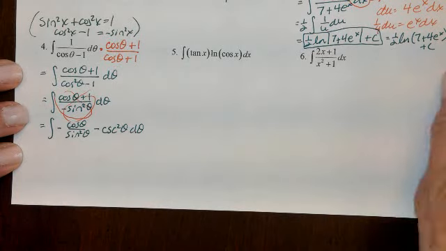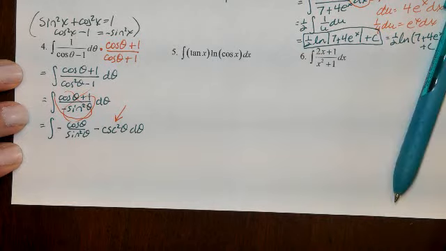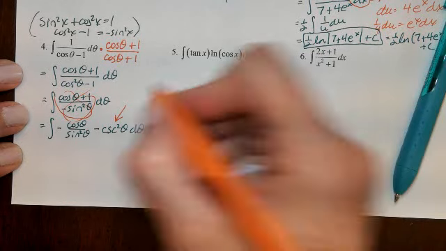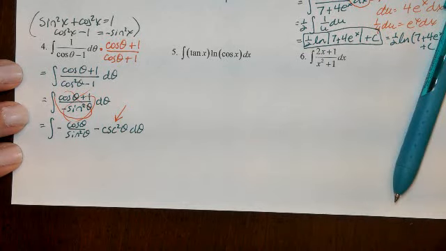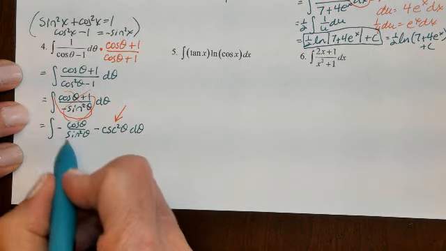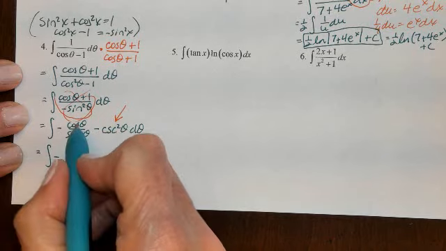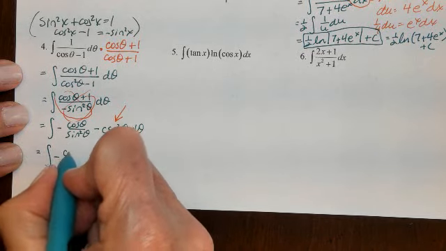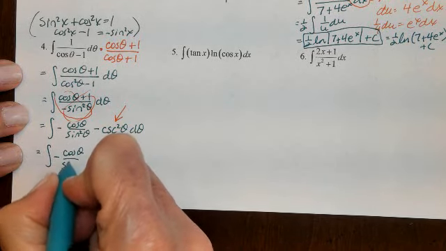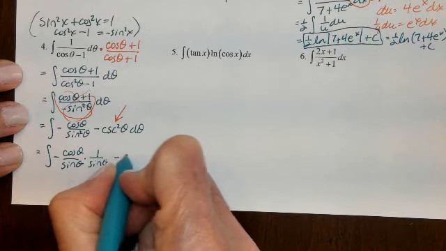I know the antiderivative of that. The antiderivative of that is cotangent. I don't know the antiderivative of this quite yet, though. So let's think about that. This is cosine theta over sine theta times 1 over sine theta.